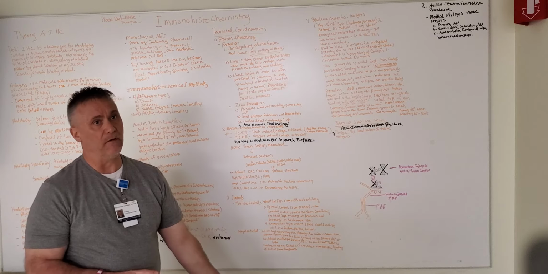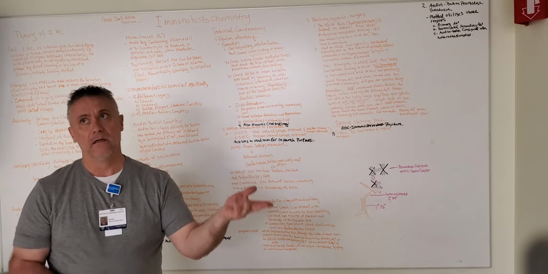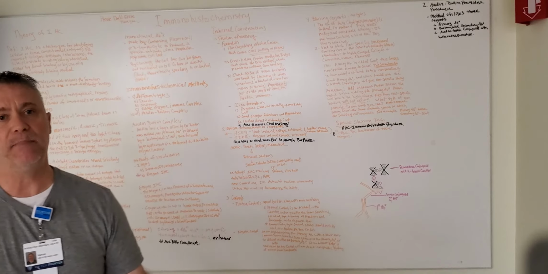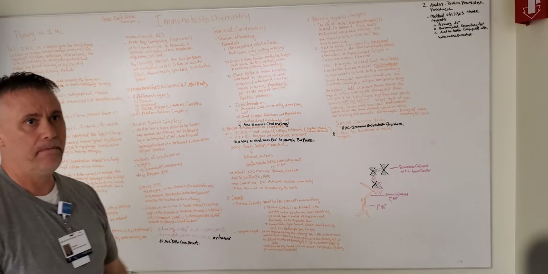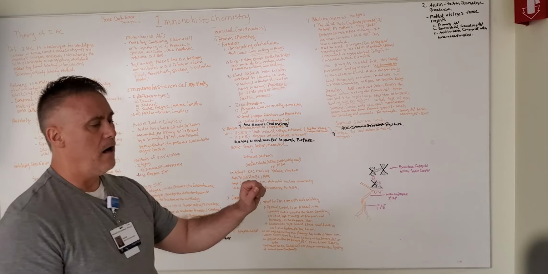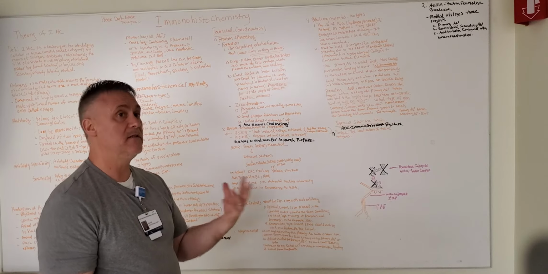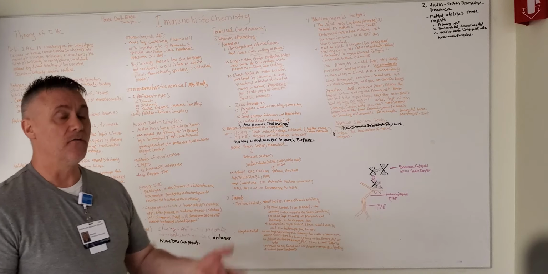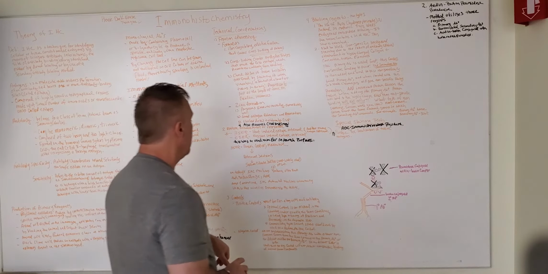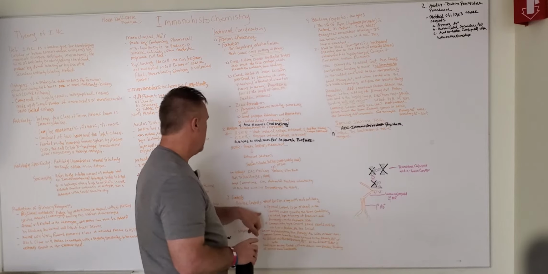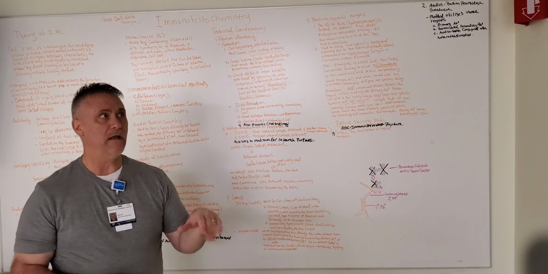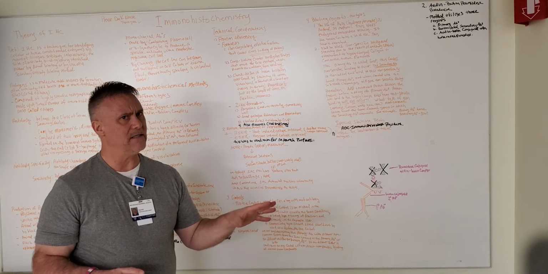So for example, if you've got a case that needs P16, which is an antibody that detects cervical cancer, let's just say you have P16, and then let's say you have 3 different cases.